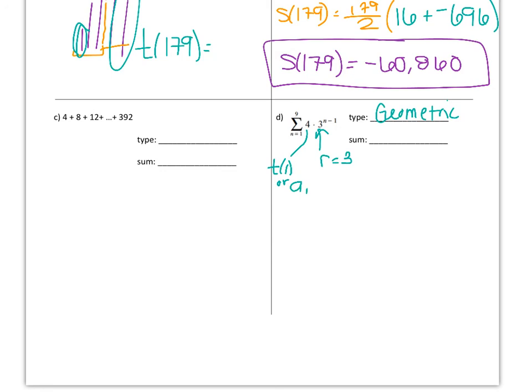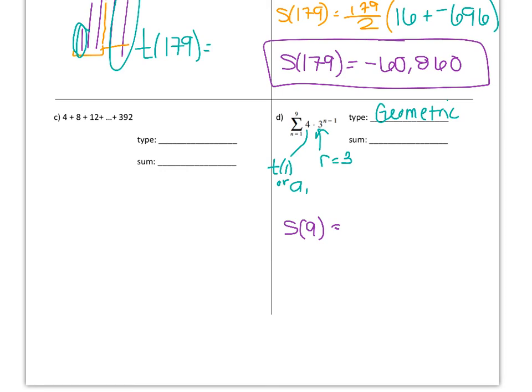Okay, so if you flip back to the last page, that might help fill in some of the gaps as we write the formula. So we're going to use the formula here, the formula for the first 9 terms. And I'm even flipping back myself because this is hard to remember all the time.